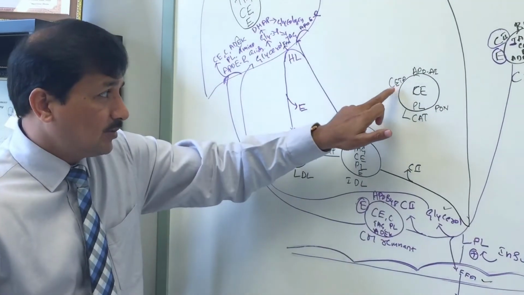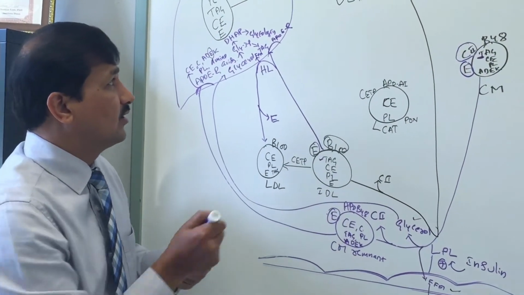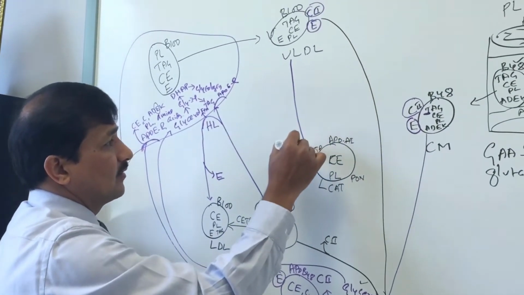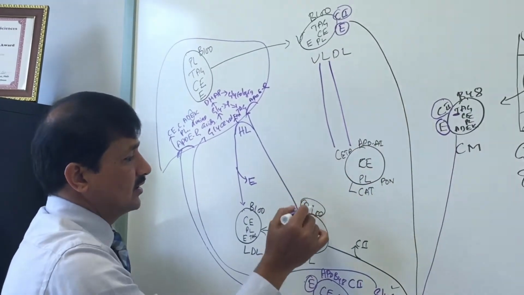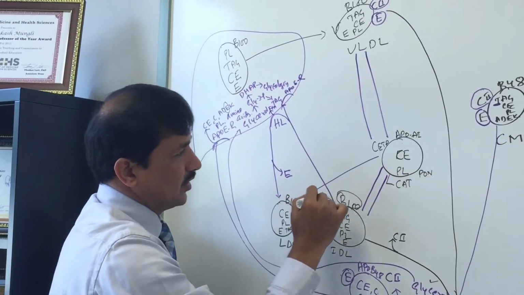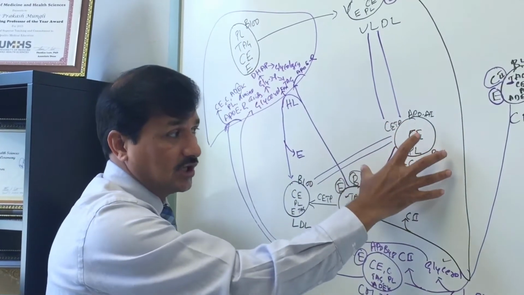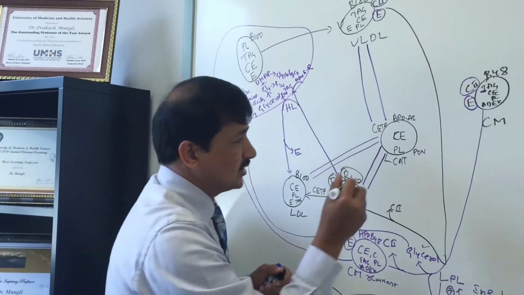So CETP that is there on the HDL, what it does, it's going to interact with VLDL, it's going to interact with IDL, it's going to interact with LDL. All the three lipoproteins interact with the HDL molecule, and this is an HDL3 here.